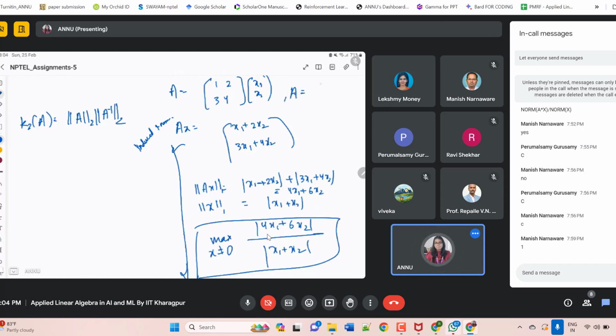A inverse is nothing but [4 1; -3 -2]. Now calculate A inverse, just multiply with this. Got it, Viveka? Yes, ma'am. Yeah, this is the formula that you can directly get.